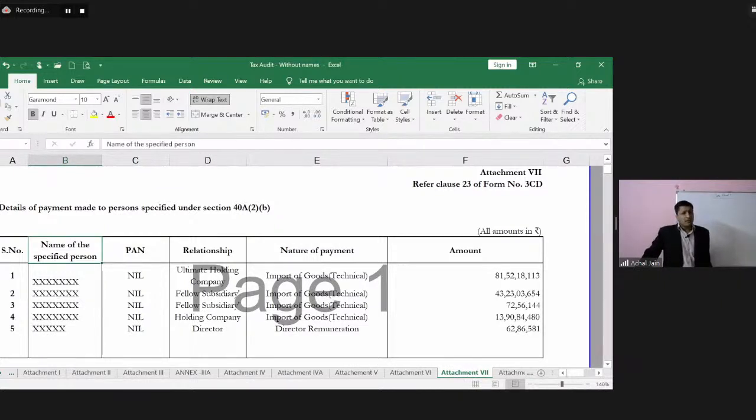This will not be done on a 100% basis, but of course the transactions with all of those specified persons will have to be captured in totality. So there will not be any piecemeal sort of distribution over there. Yeah, clear on this? Moving on to the next clause.